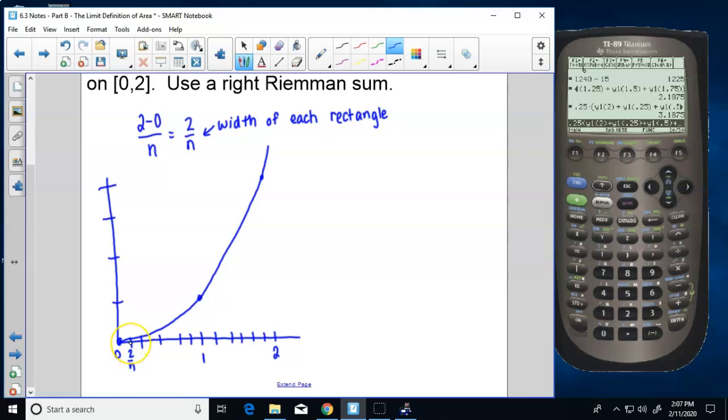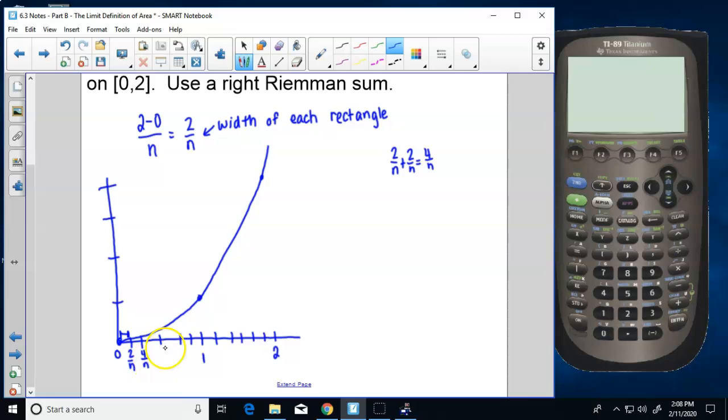So from 0, that would be 2 over n. And then what would the next tick mark be? The width of this is 2 over n, right? So from here to here is 2 over n. So we've got to take 2 over n and add 2 over n again, which has a common denominator, so that would just be 4 over n.